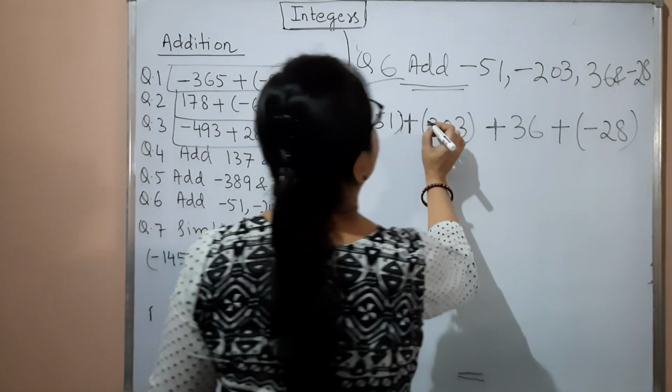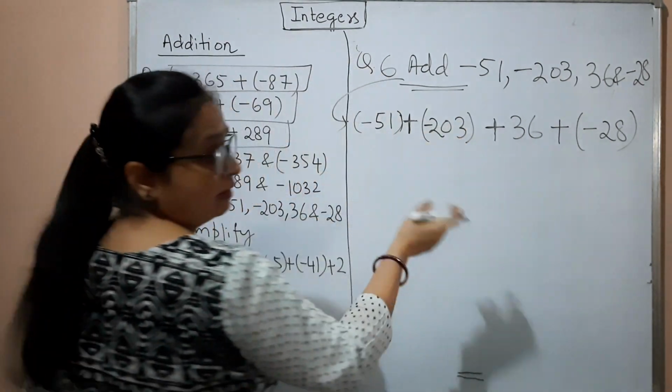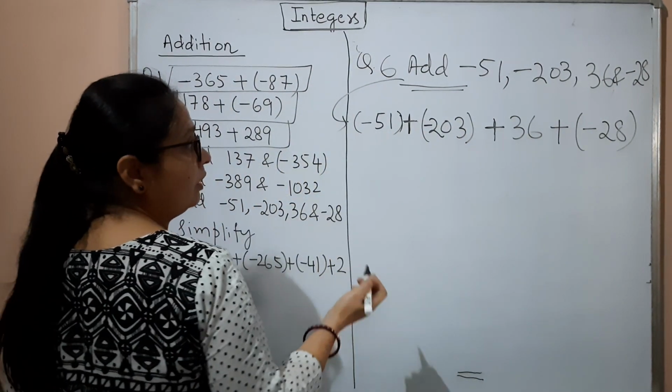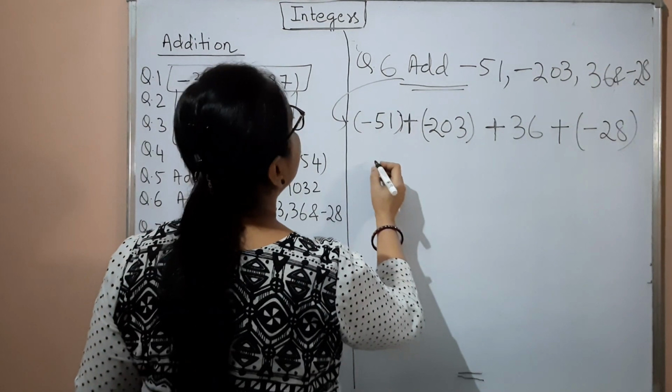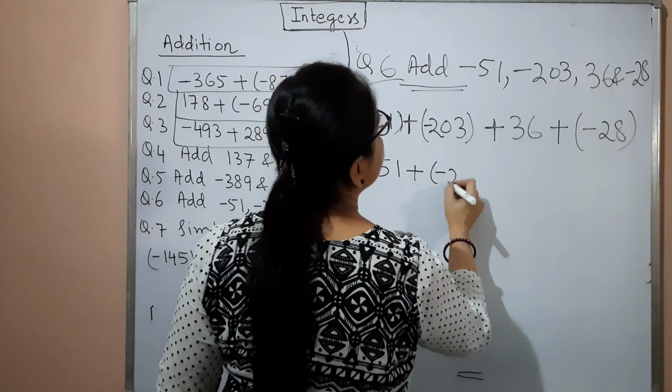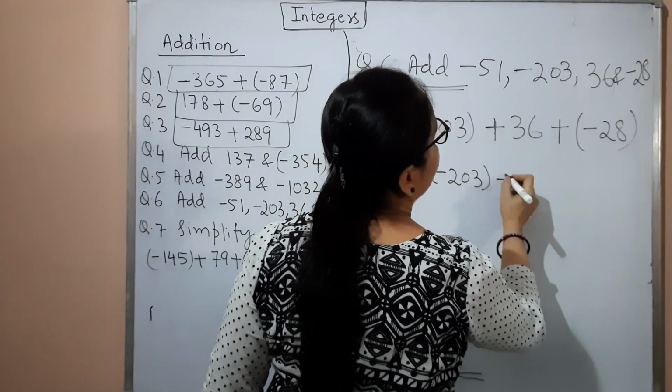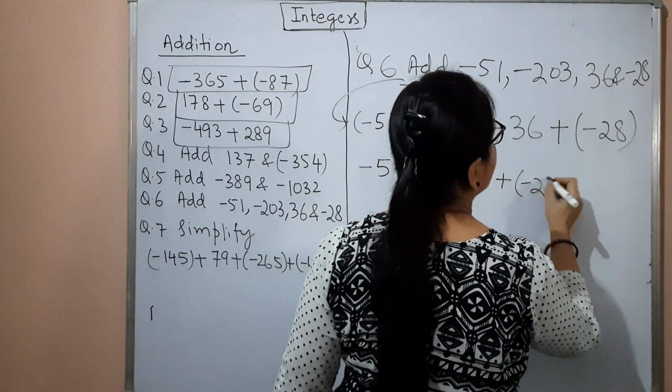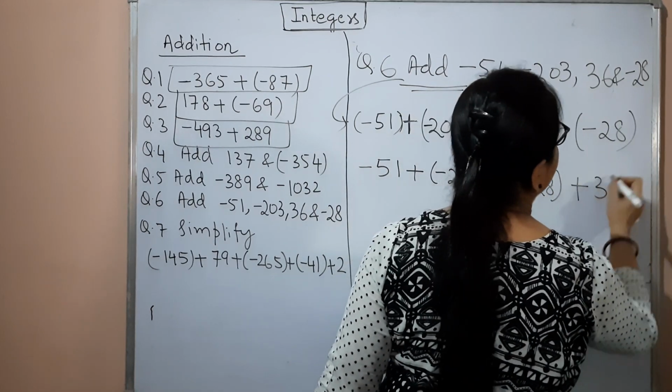Now we have to add. Now what we will do? We will use commutative law. So minus 51 plus minus 203 plus minus 28 plus 36.